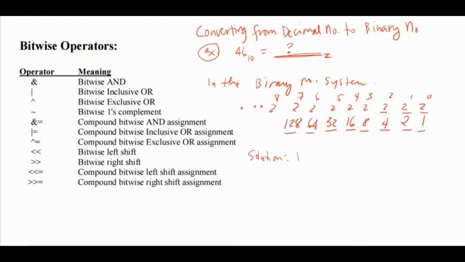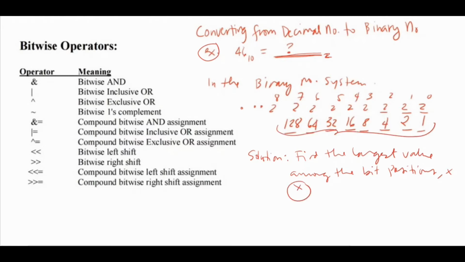You're going to find the largest value among the bit positions, let's call it X, and X should be the largest among these bit position integer values, and X should be less than or equal to 46.